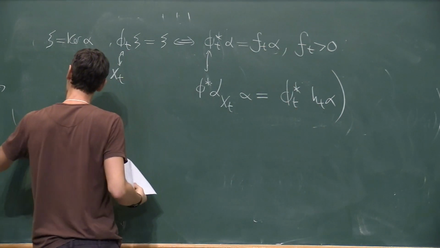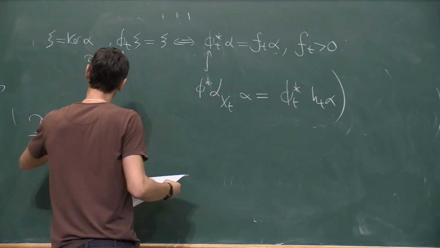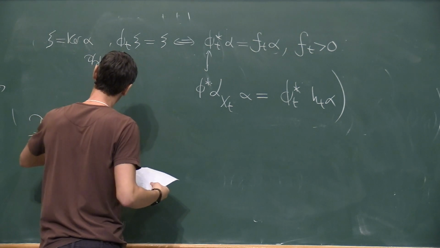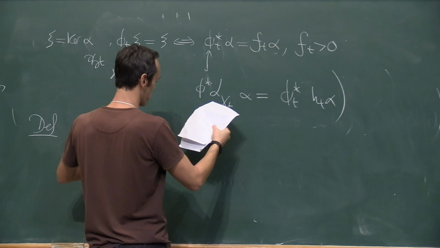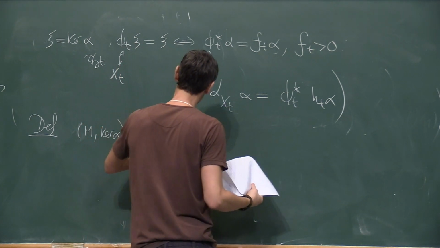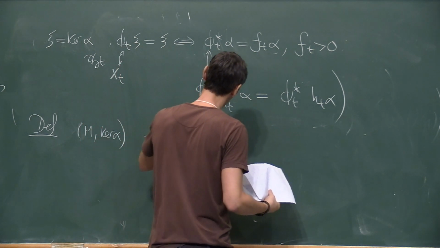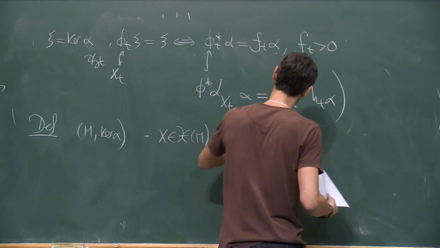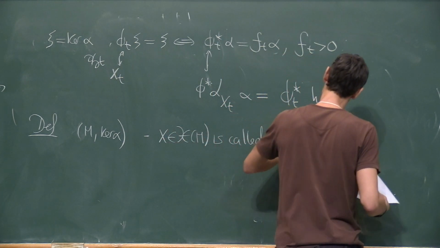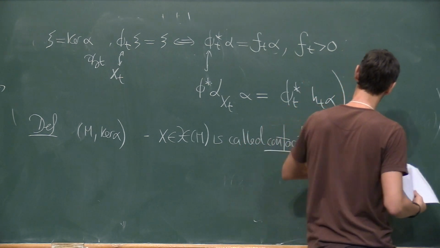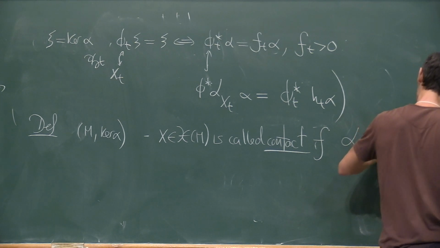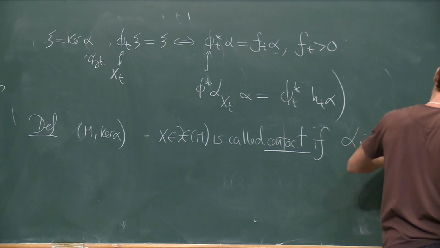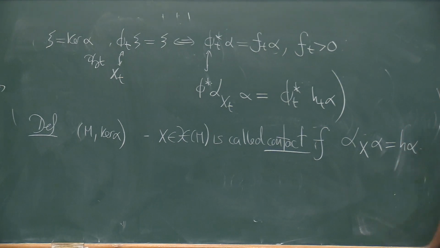So, definition: given a contact manifold (M, ker α), a vector field is called contact if it scales the one-form upon taking the derivative.